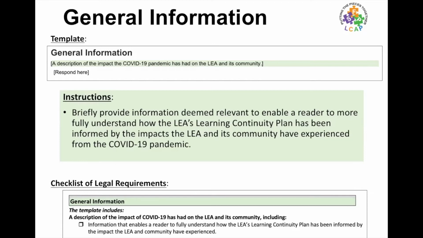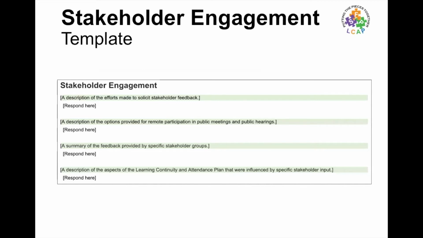Next, I'll turn it over to Adrienne, who will cover stakeholder engagement. Good morning. The next section is stakeholder engagement, and research has shown that student and family engagement is one of the single most important factors in helping students succeed in school. And we saw with the local control funding formula and the LCAP, there was a renewed emphasis on families and educators working together as partners.